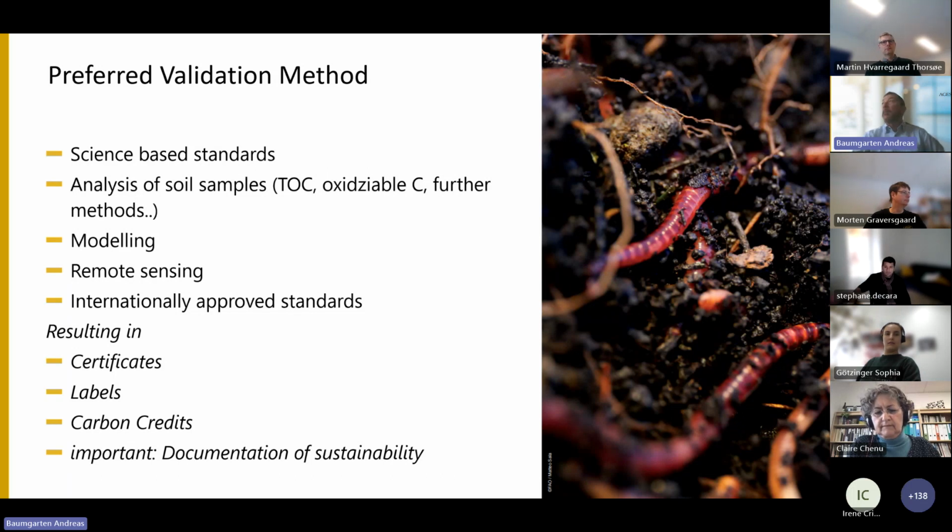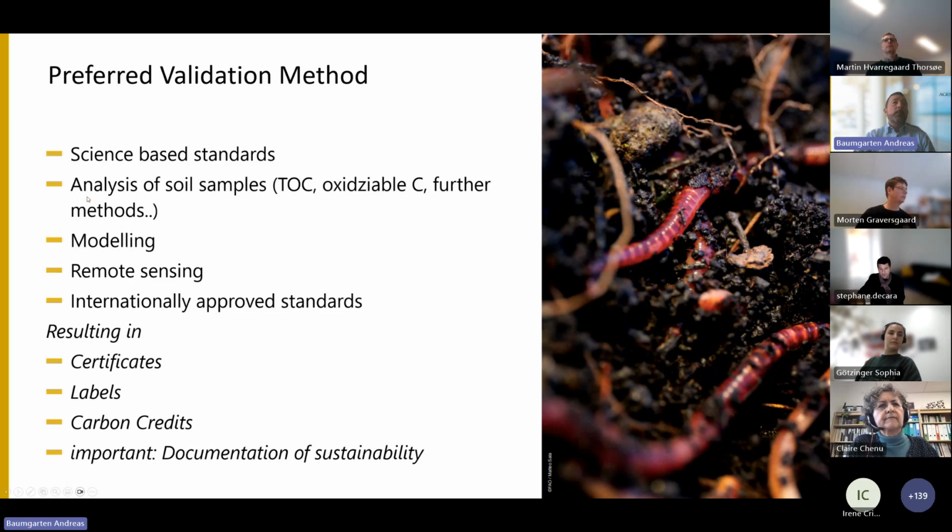We heard some examples during the meeting of the European Soil Observatory. I think it was 2 weeks ago. So what we definitely need is a science-based standard. So everything that we are applying within this framework should have a sound scientific basis.